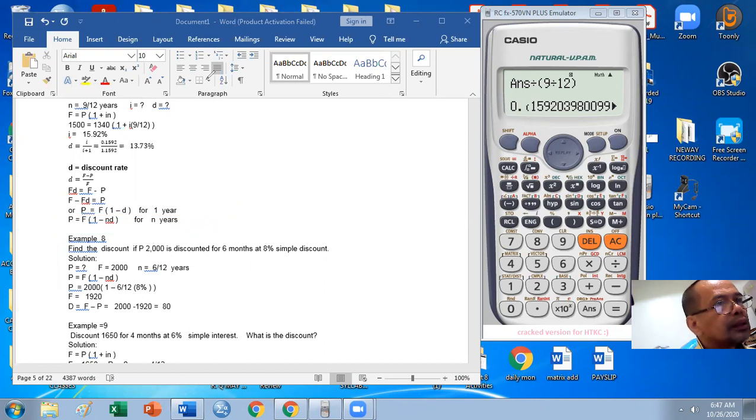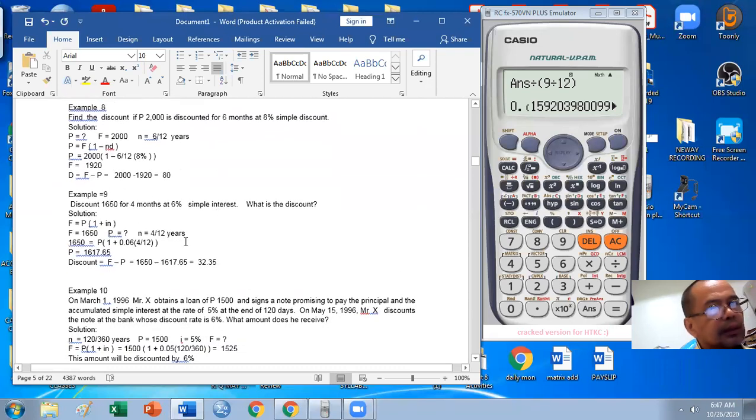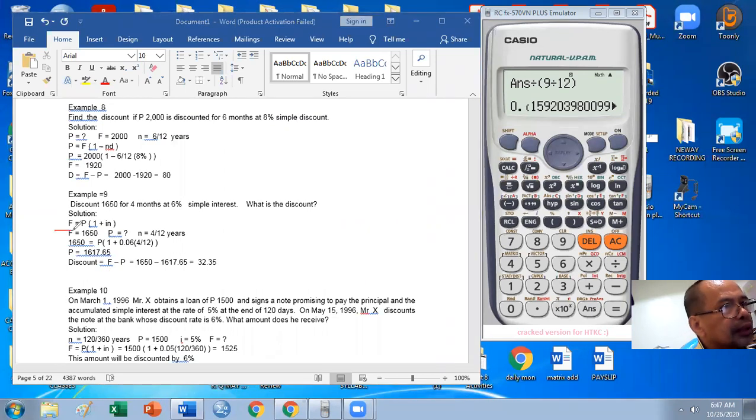Next is example 9. Discount 1650 for 4 months at 6% simple interest. What is the discount? Now, look, our formula is F = P(1 + IN). Actually, this is already a future worth that is to be paid in 4 months.